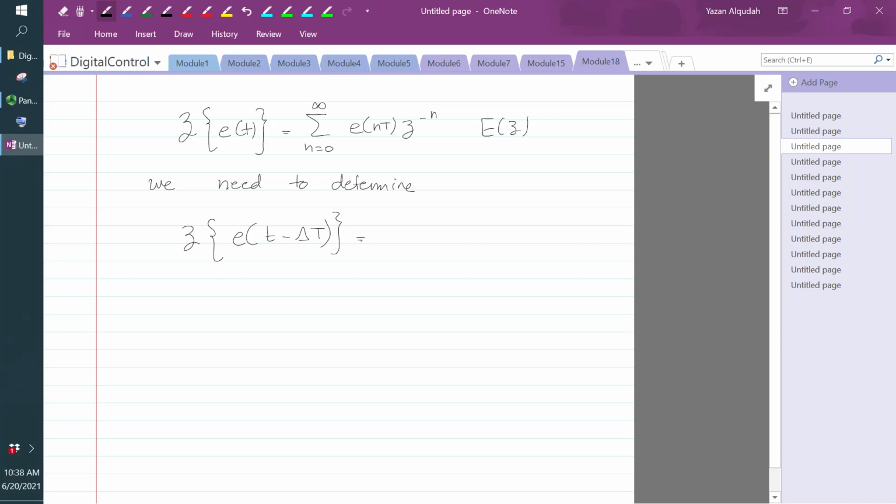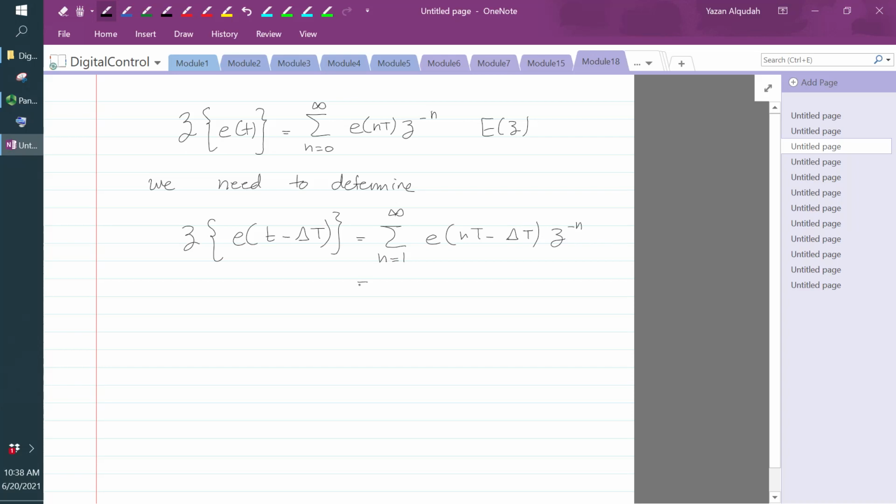And this is going to equal to the summation from n equal 1 to infinity E of n multiplied by t minus delta multiplied by t z to negative n.